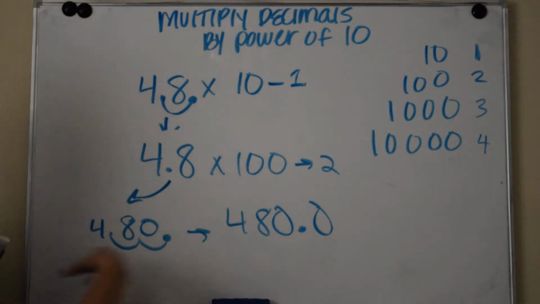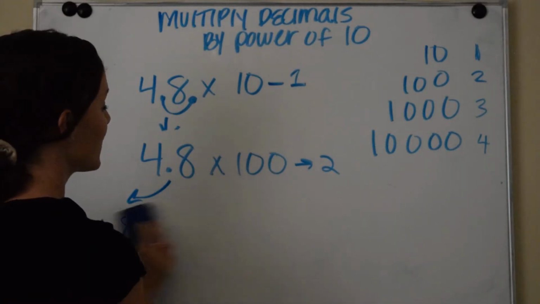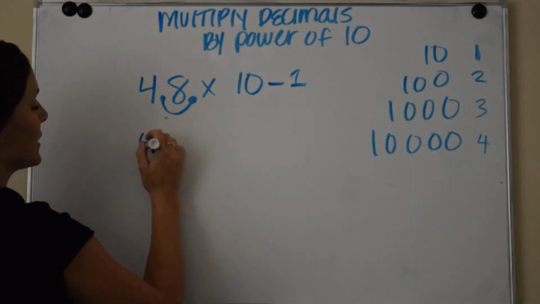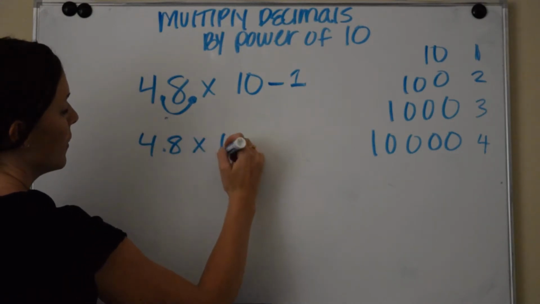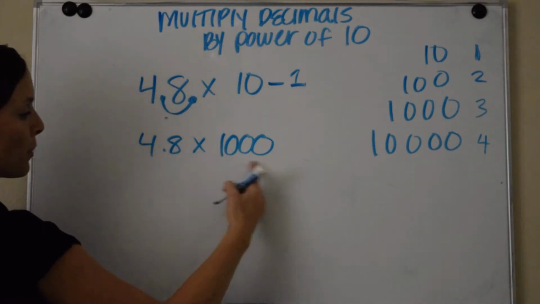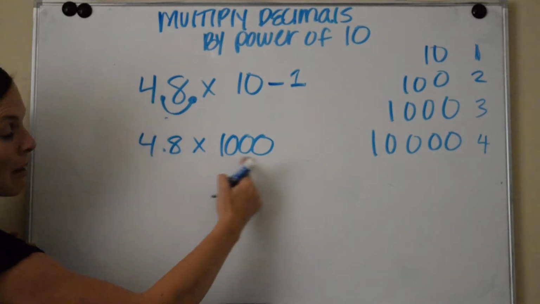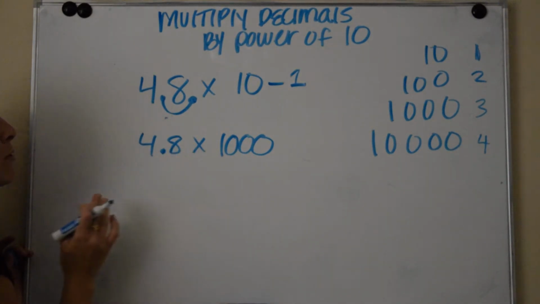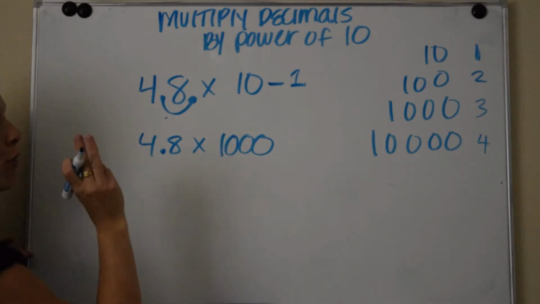Okay? Let's try. What is 4 and 8/10 times 1,000? What do you guys think? And hopefully you can see the pattern here. There are three zeros in my power of 10 that I'm working with, which means my decimal is going to move to the right 3 times.